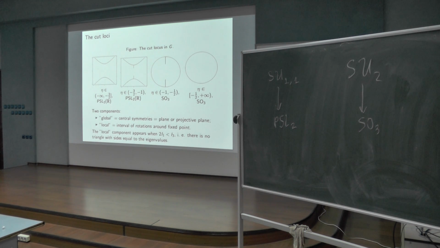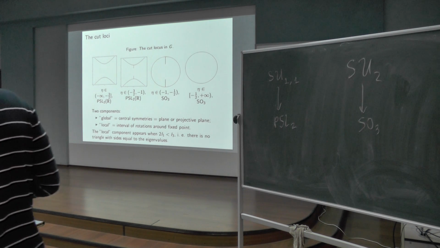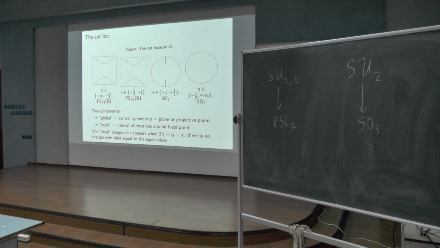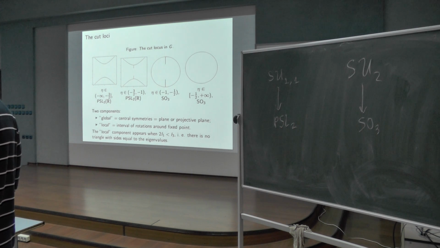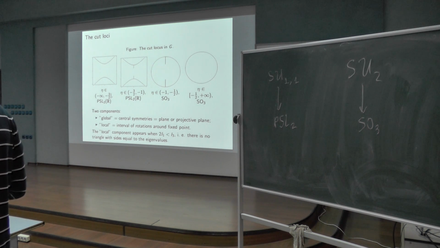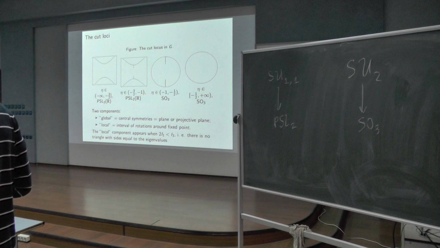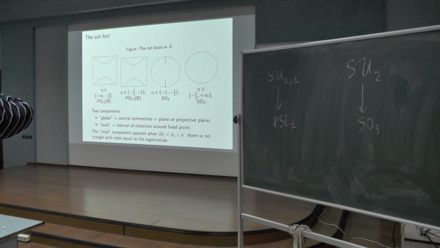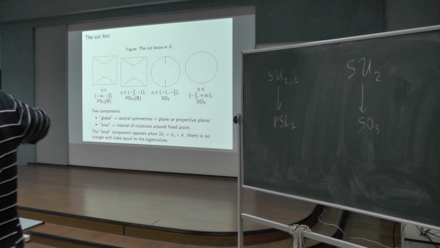This is the solid torus, and the cut locus is the plane, the red cup there, in the case when eta is less than -3/2. If eta is more than -3/2, an additional component of the cut locus appears. It is an interval. You can see there are two intervals, but it is one interval because we need to identify the points.